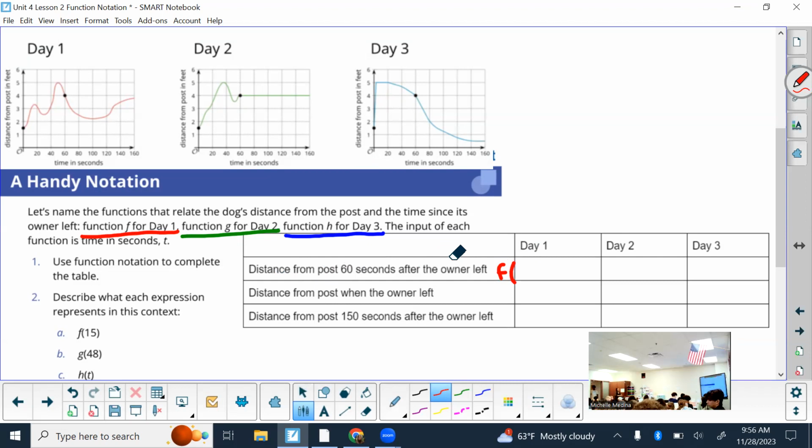All right, what's my input? Table 8, can you tell me what my input is? Doesn't have to be the actual number, you can just tell me if it's distance or time.